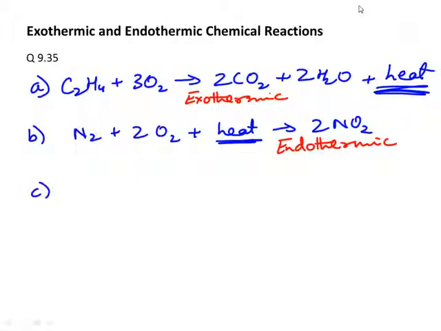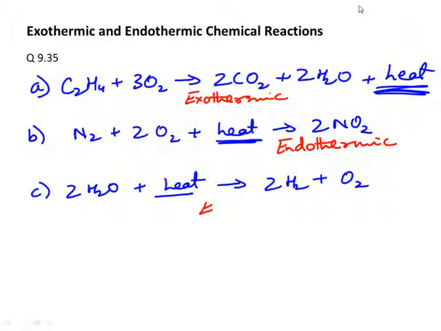C, 2H2O plus heat gives us 2H2 plus O2. Guess which kind of reaction this would be? Heat was a reactant. Exactly. This is endothermic because heat was consumed.